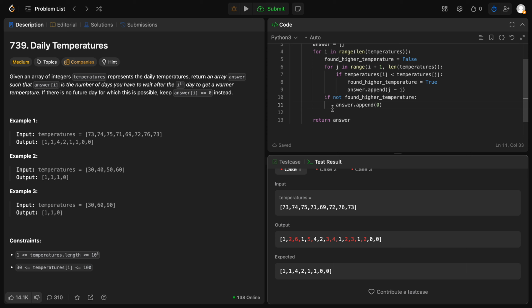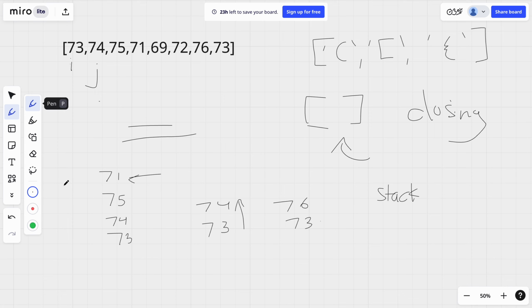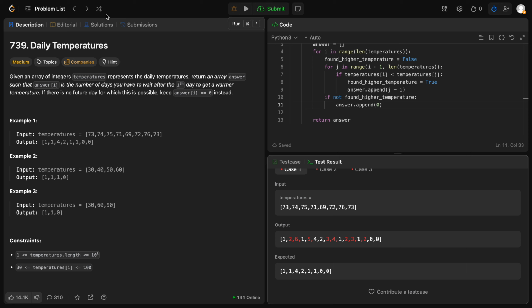It's because I'm doing a nested structure. Oh. How do I... Okay, hold on. Let me go back to my brute force thing. So 73, you want to jump. 74, you want to jump. 75. And the second you reach this, you can break, right? Maybe that's the problem.